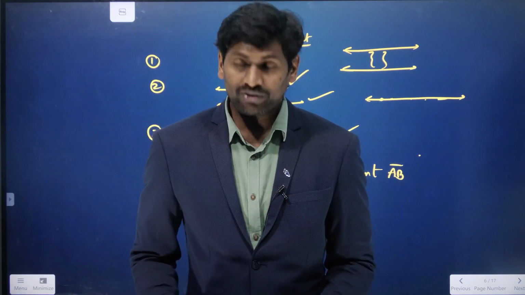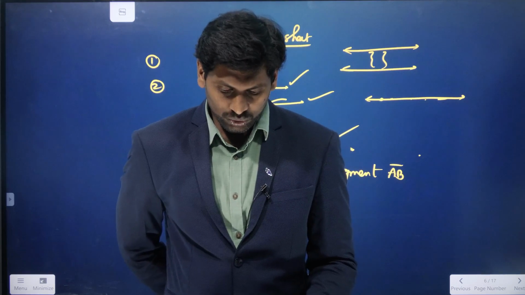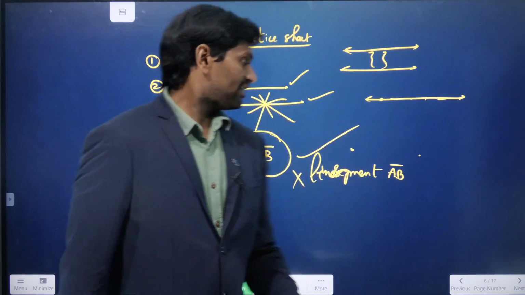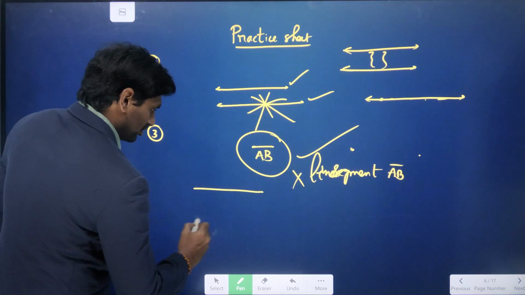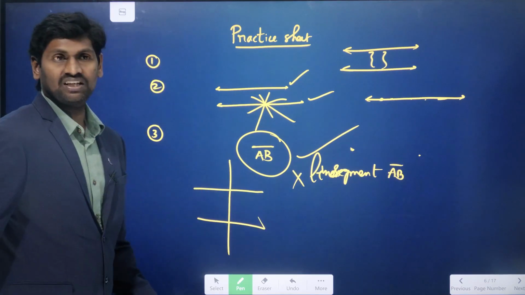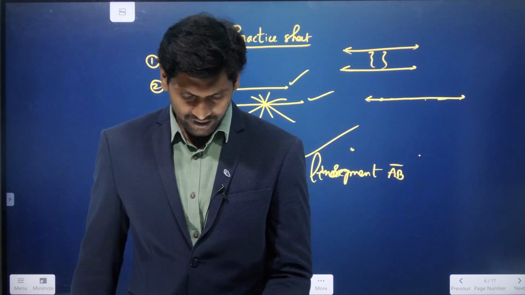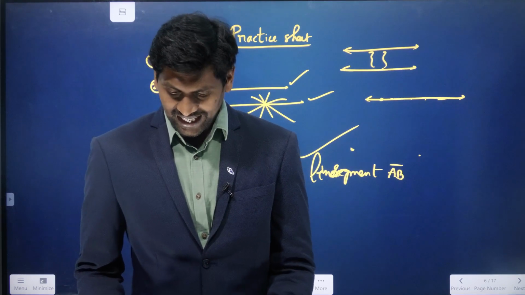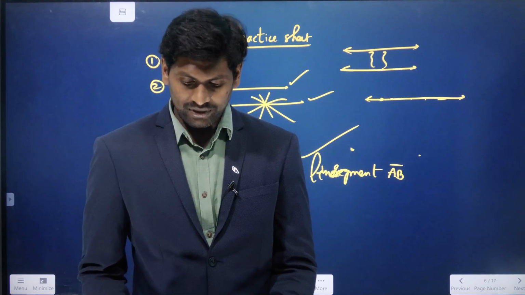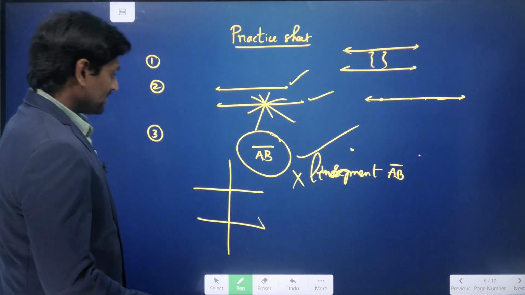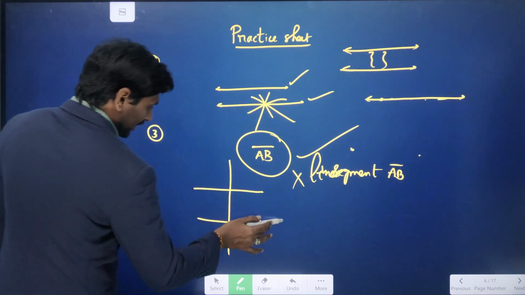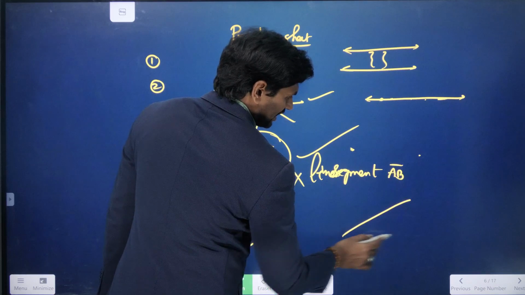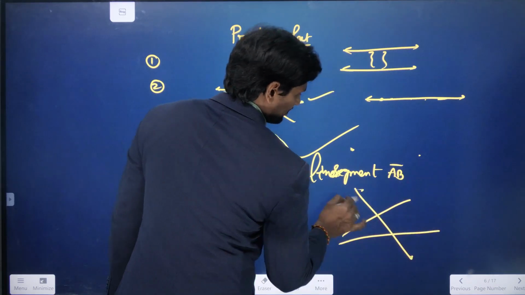Let us go to question number 5. If two lines are intersected by a transversal, let us take two lines intersected by a transversal. That is a transversal diagram. And then each pair of corresponding angles so formed. I can take the diagram like this, or like this also. This is also a transversal.